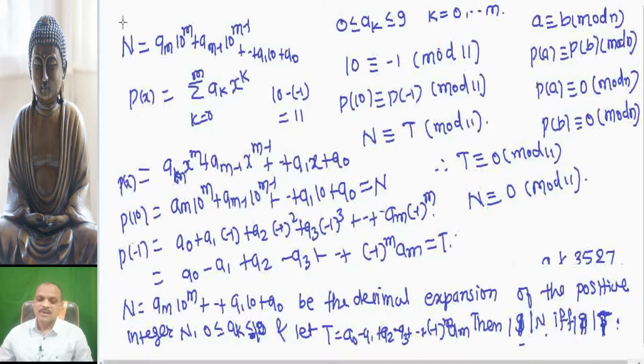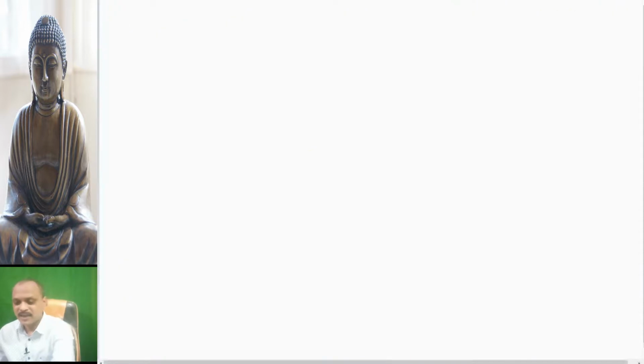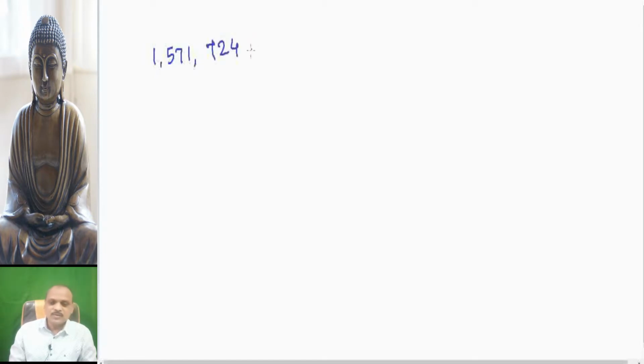Let us take one example of this and check whether the theorem is true. Let us suppose that we want to check whether the big number 1571724 is divisible by 9 or divisible by 11. So let us take what is s.